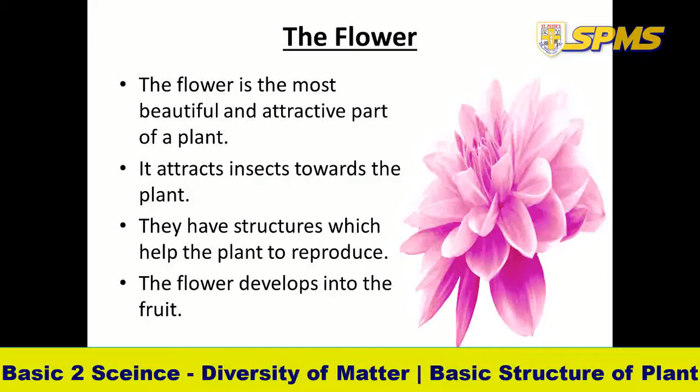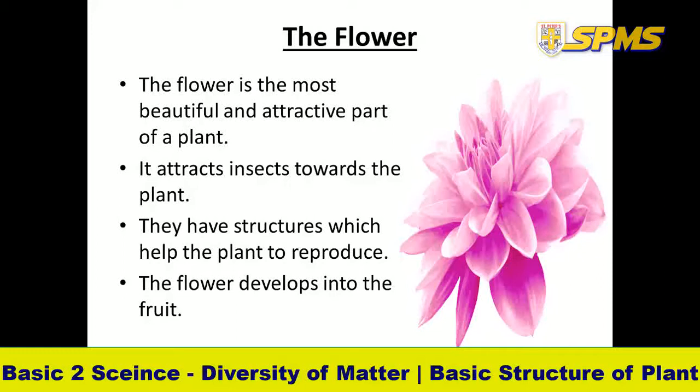The flower is the most beautiful and attractive part of a plant. It attracts insects towards the plant. And insects like bee. Bee comes to take nectar from the flower to prepare honey.